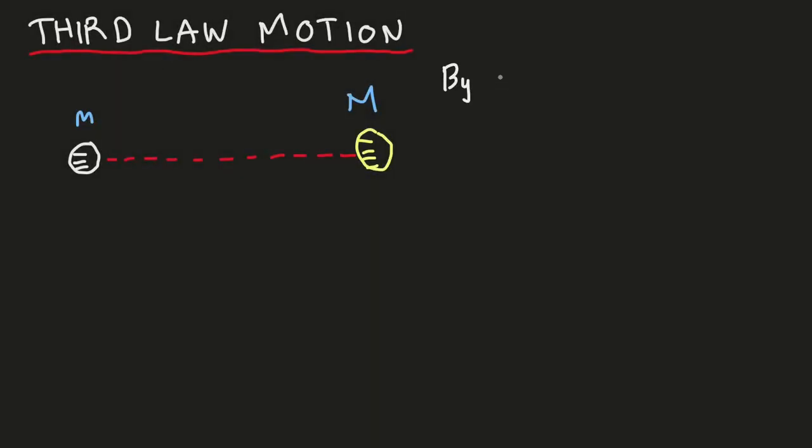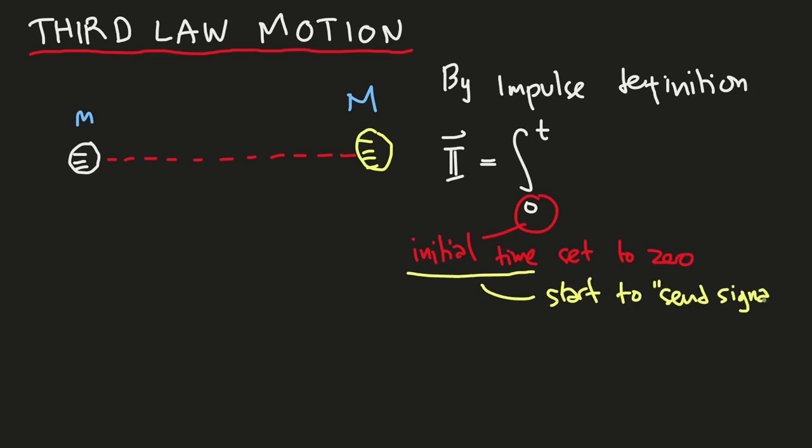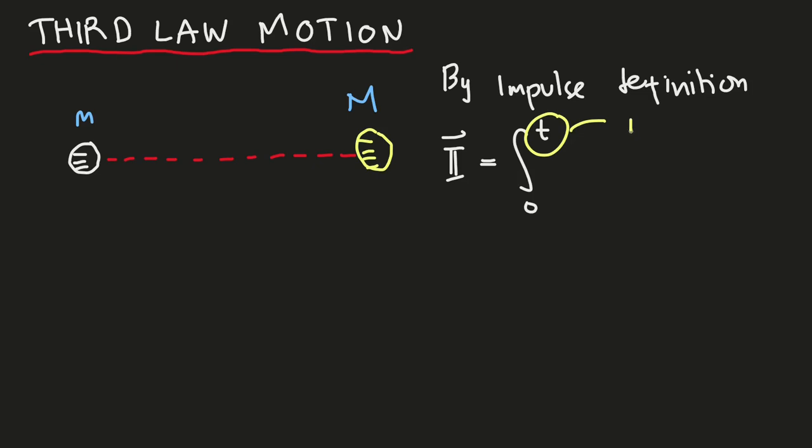So by recalling the definition of impulse, we will have the integral from 0 to t, which is the time interval, where the initial time is set to be 0 as the starting point to send the signal, and the upper bound t tells us the response is received, which is when both m and M capital receive the response of the interaction.